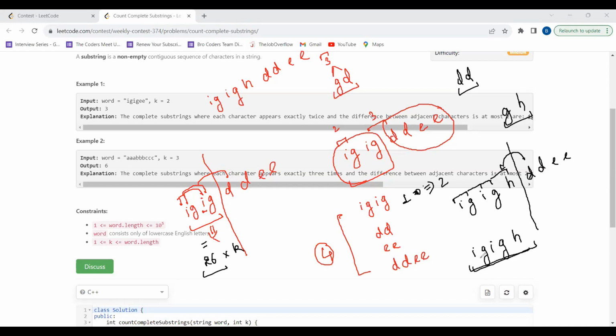Let me tell again. I want the good substring to be such that it has only one unique character, and that unique character is occurring exactly 2 times.